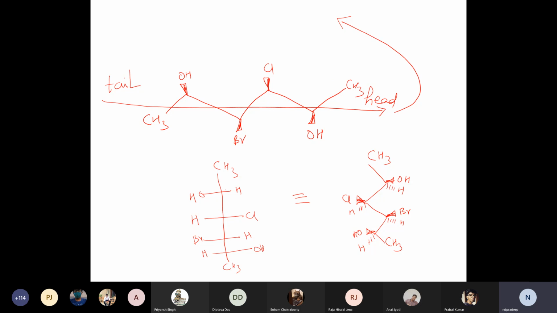We always keep the head on the right hand side of the molecule. You should understand that. It won't be mentioned when drawing, like head and tail. Always the head should be on your right hand side.